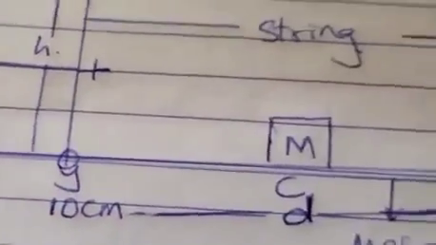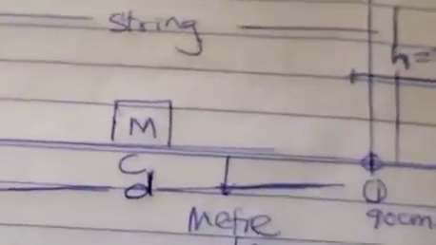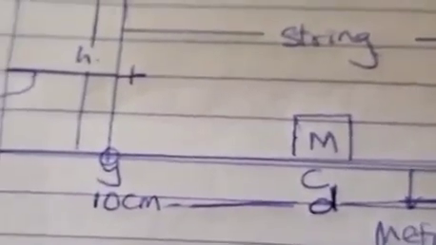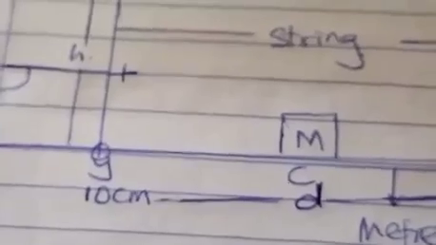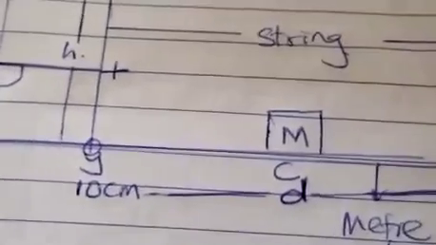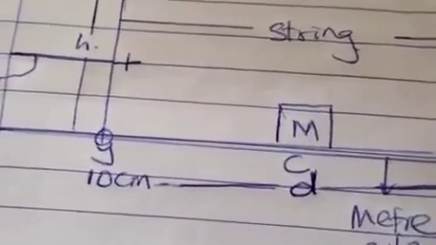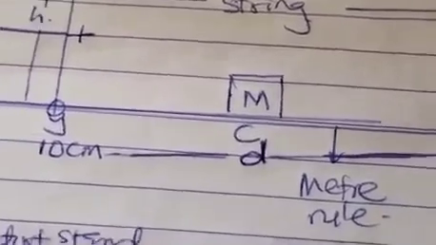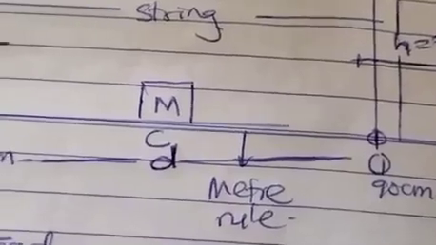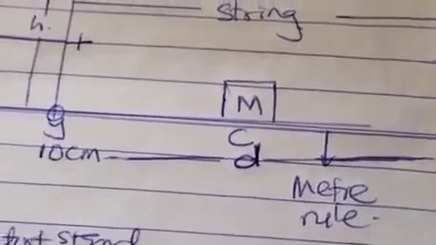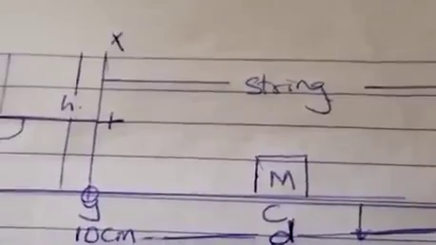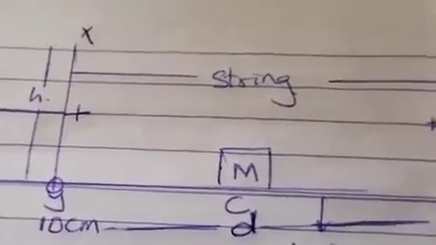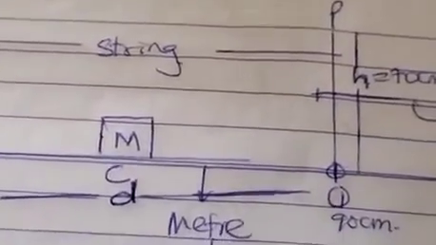So let's look at what they are talking about. After we have done all this, you bring a mass of 30 grams and place it at the center of gravity, that is the 50 cm mark of the uniform meter rule. Then we ensure that D is constant, that the distance between Y and Q remains 80 cm, no change. The 70 cm height of the string also remains constant all through the experiment.